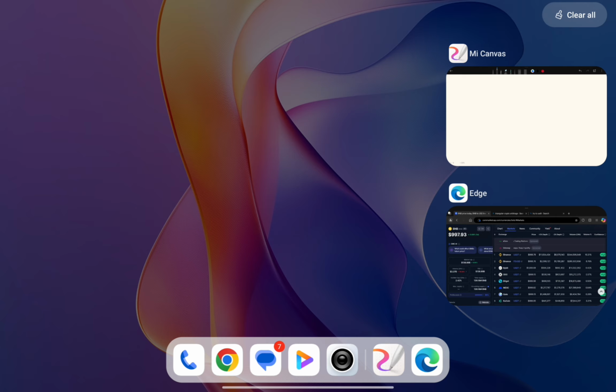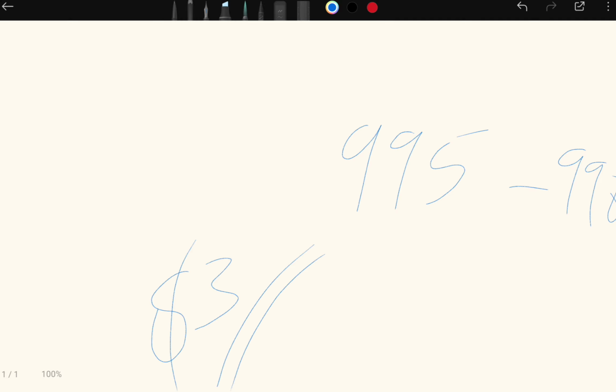Okay, so we basically started with 995, and we ended at 998, right? So when you do that, it's going to give you $3 in profit per trade. Okay, maybe you guys have some fees and stuff like that.